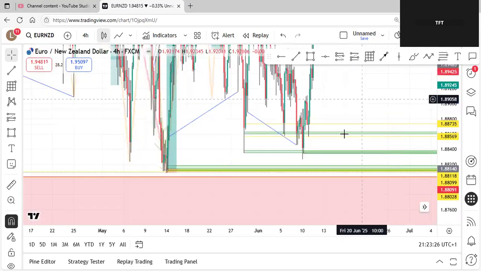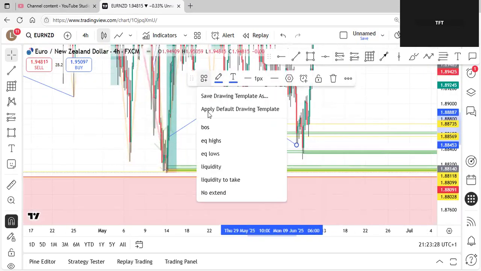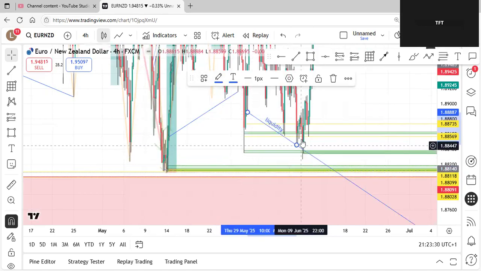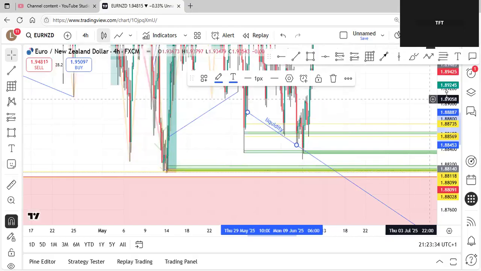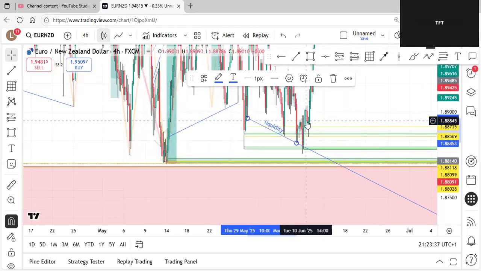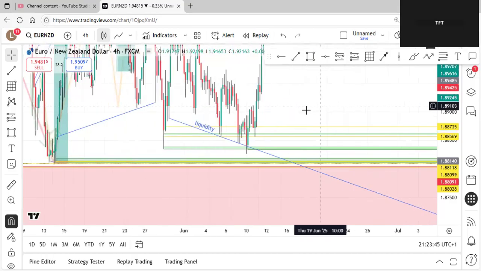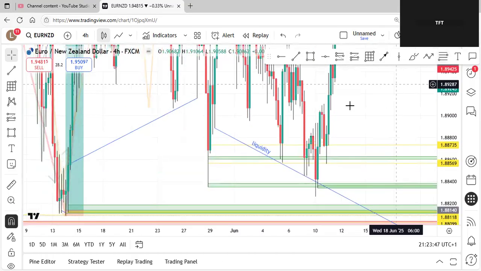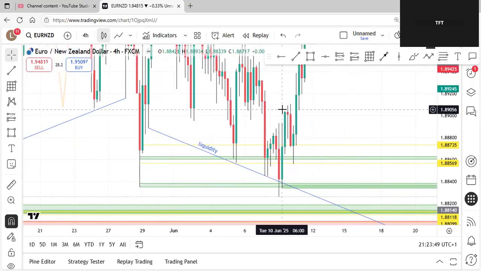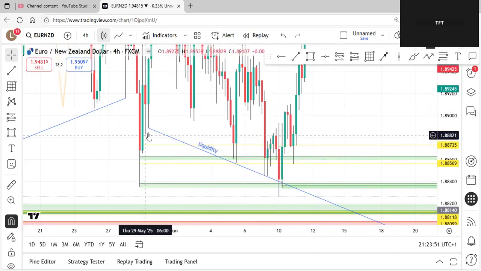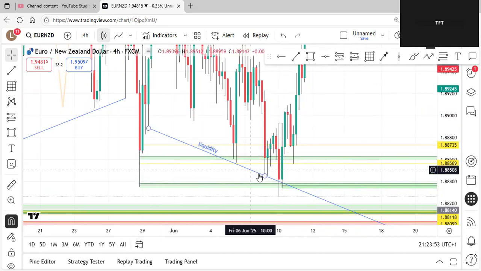I'd be thinking we're going to take that, tap into what was my entry, because what liquidity is, whether you believe it's other people's money or orders or whatever it is, the only thing I can tell you that is pretty much guaranteed about liquidity is that price wants to pass beyond it.